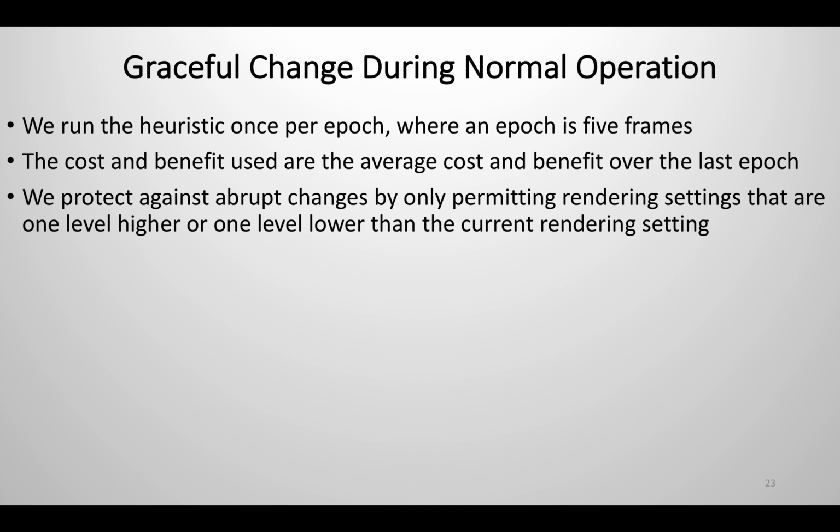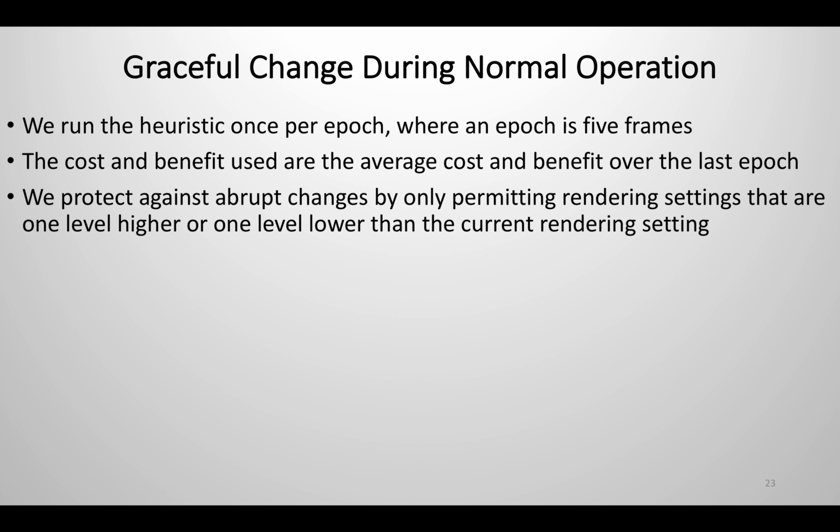So there should be graceful change during normal operation. By graceful change, as previously explained, we mean that the changes should not be abrupt, and we run the heuristic once per epoch, where an epoch is 5 frames. So the cost and benefit are basically the average cost and benefit over the last epoch. So we protect against abrupt changes by only permitting rendering settings that are one level above or one level below the current rendering setting.